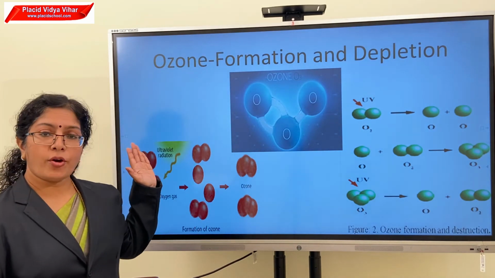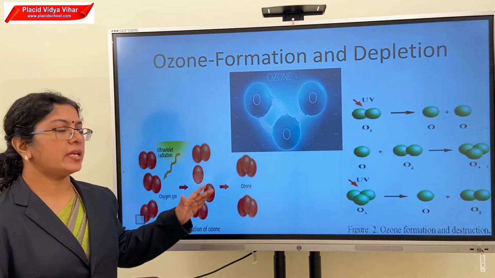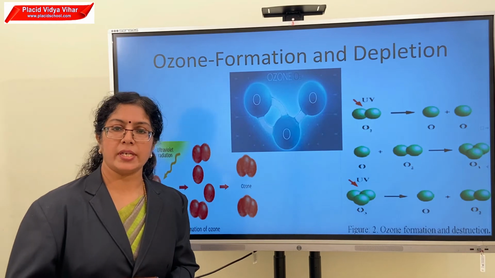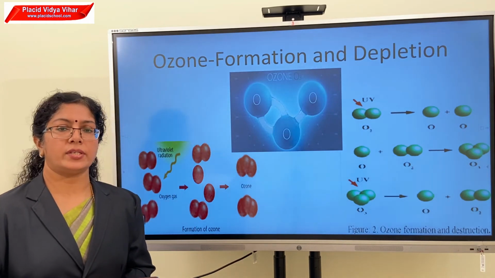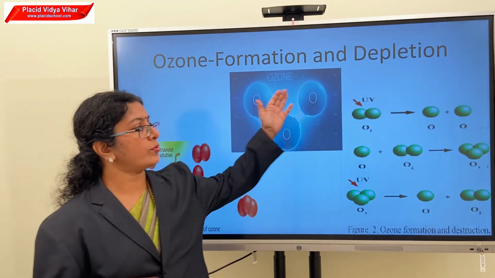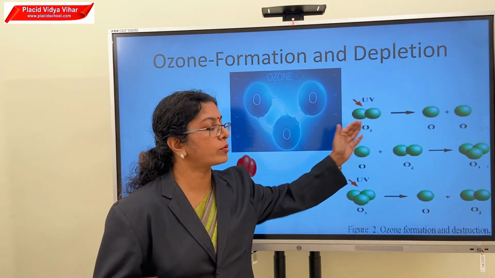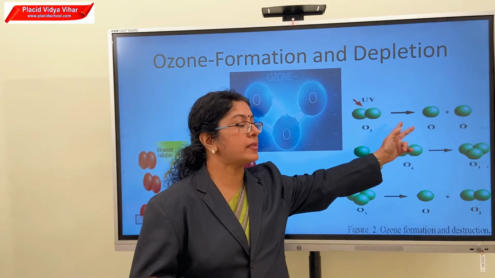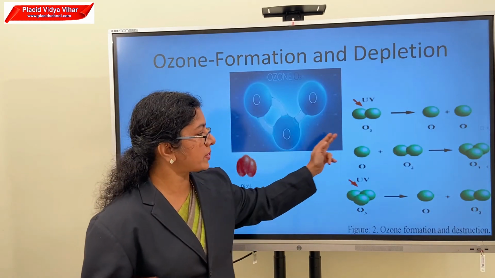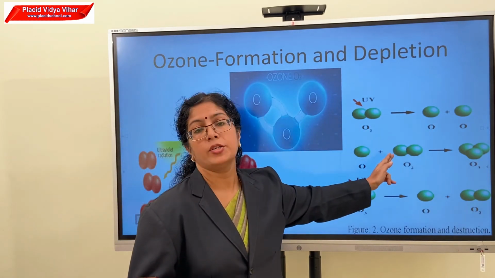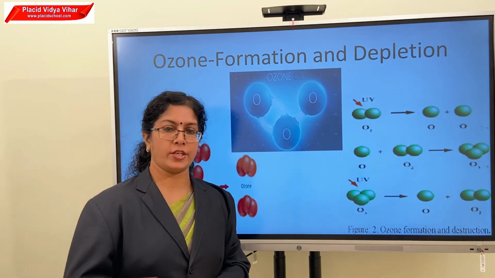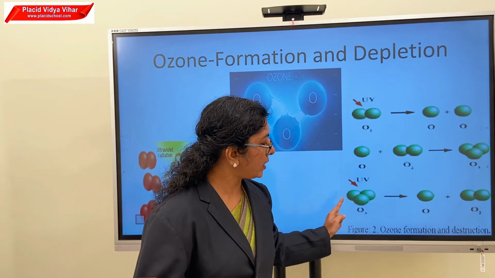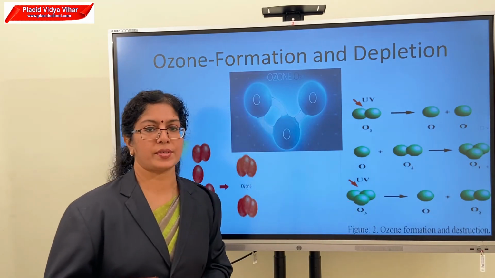When these normal oxygen molecules in the stratosphere absorb ultraviolet radiation, getting the energy, they break up into 2 single oxygen atoms, and each of these single oxygen atoms combines with an oxygen molecule and forms ozone with three oxygen atoms.